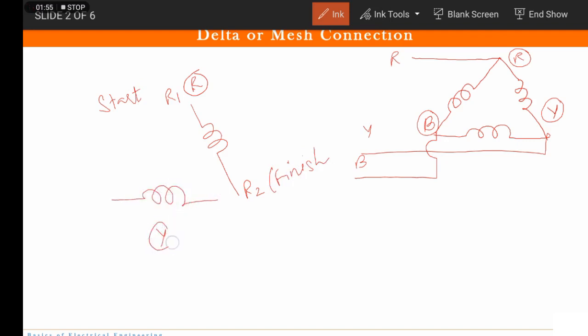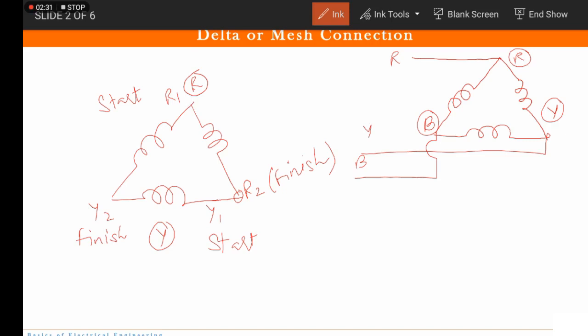This is Y1 and this is Y2, the finish terminal of Y phase and the start terminal of Y phase. So we are going to connect the finish terminal of one phase with the start terminal of another one. Similarly, B is also connected. So this is how it is connected together.